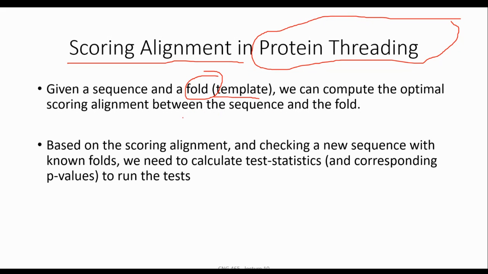And then, based on the scoring alignment, we check a new sequence against known folds. Where do we know them from? From the protein data banks. They are not 100% accurate, as I mentioned, but as much as possible, they try to make it clear by using different methods like X-ray to get an idea, for example, of the position of the atoms.